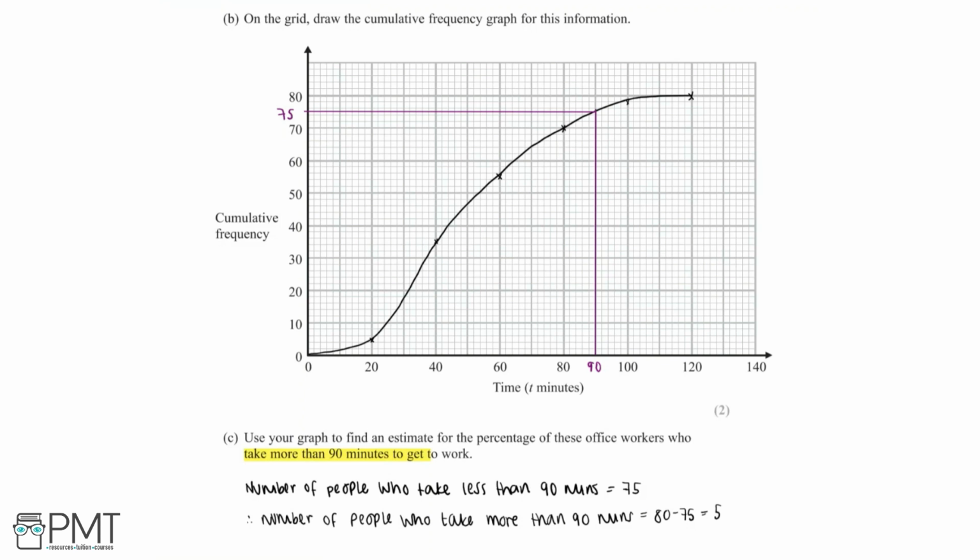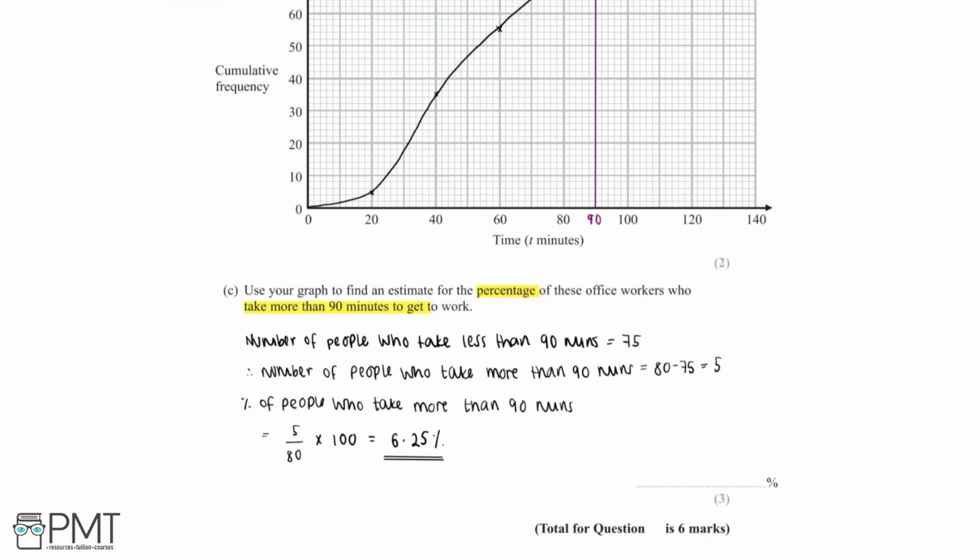But in part C, we were asked for an estimate for the percentage of these office workers who take more than 90 minutes to get to work. And so to find the percentage, we'll do 5 divided by the total of 80 multiplied by 100. And so we can say that an estimate for the percentage of these office workers who take more than 90 minutes to get to work is equal to 6.25%.